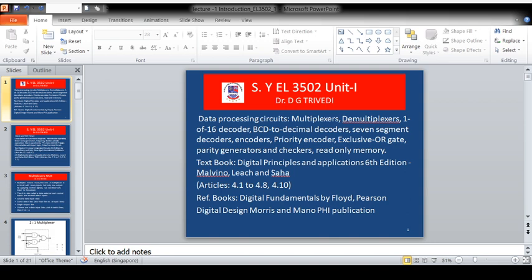This particular chapter, data processing circuits, is very important in combinational logic circuits. It contains multiplexers, demultiplexers, one-of-16 decoders, BCD to decimal decoders, 7-segment decoders, encoders, priority encoders, exclusive OR gate, parity generators and checkers, and read-only memory. These are the topics of this chapter.